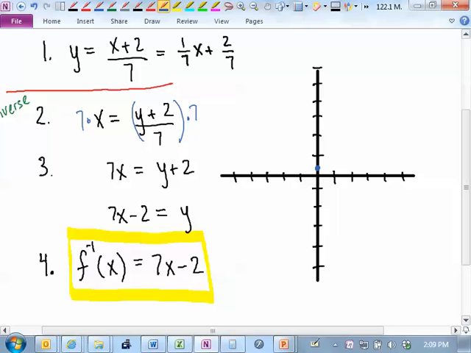And then you go up 1 to the right 7, so up 1 to about right here, to the right maybe about right there. Total sketch, so don't worry about this.